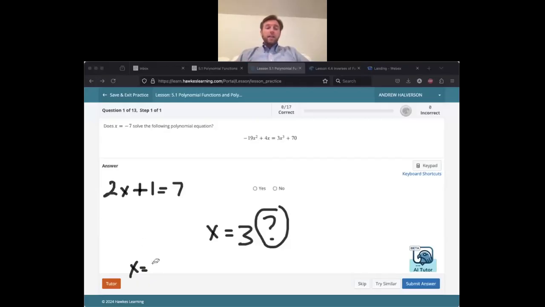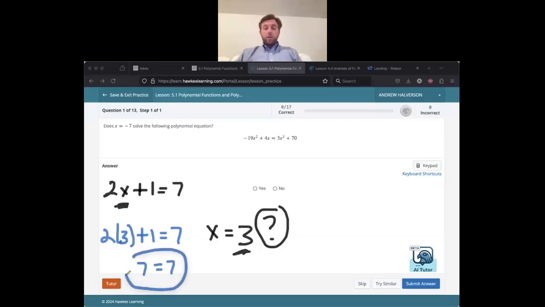But remember what we're asking. If something is the solution to the equation, what we're saying is it works. Replace the x with the value you found. Take your x of 3, plug it in, and simplify both sides down to a single number. So we get 7 equals 7.